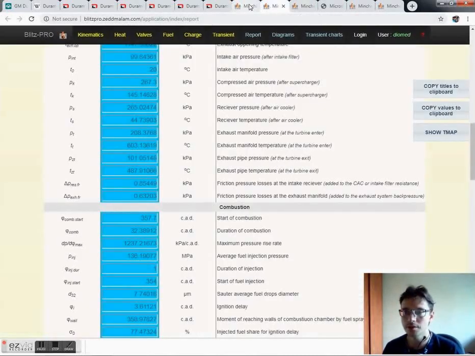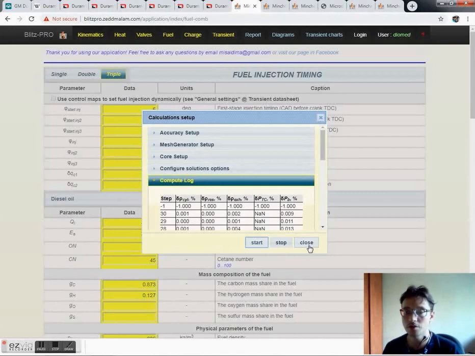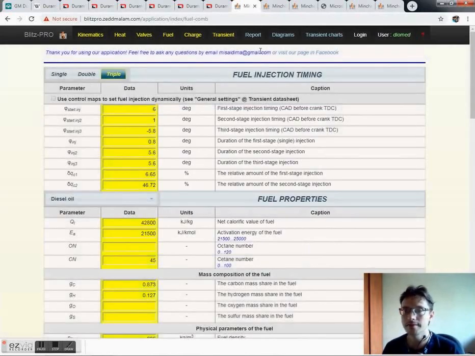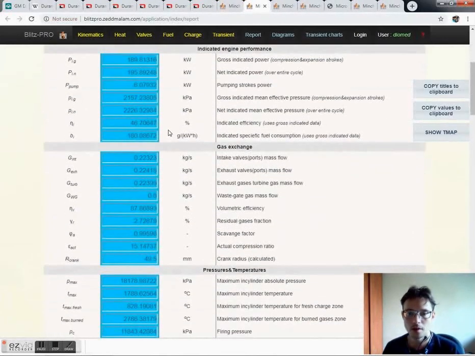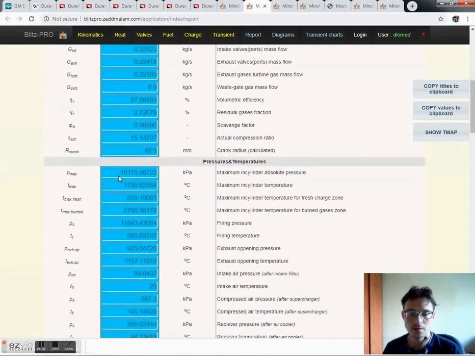Okay, the calculation is finished, and let's have a look at the results. So let's have a look at the report, and as we can see, the maximum pressure is only 18 megapascals, much lower than for single fuel injection, for example.